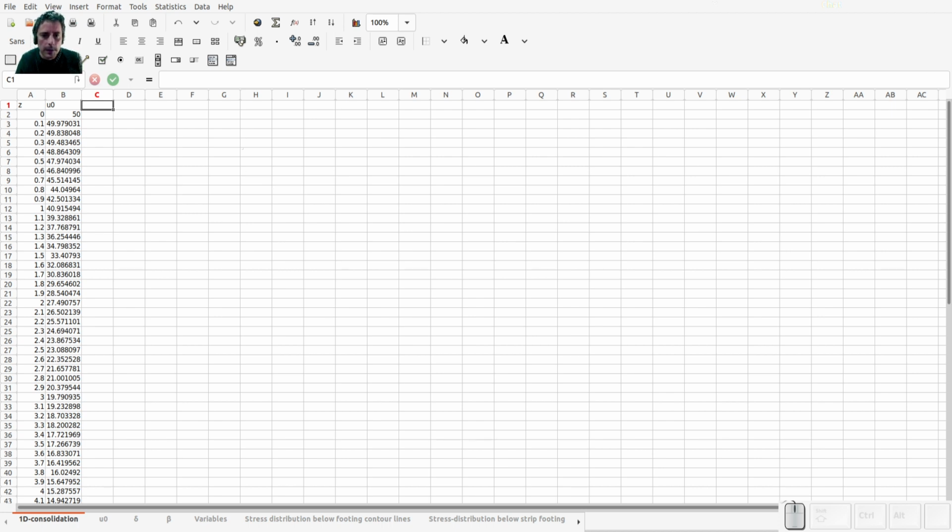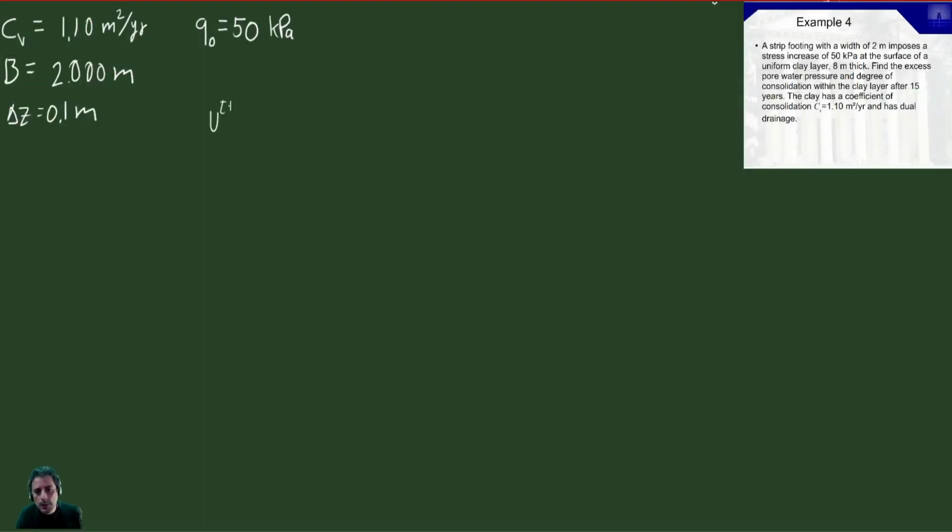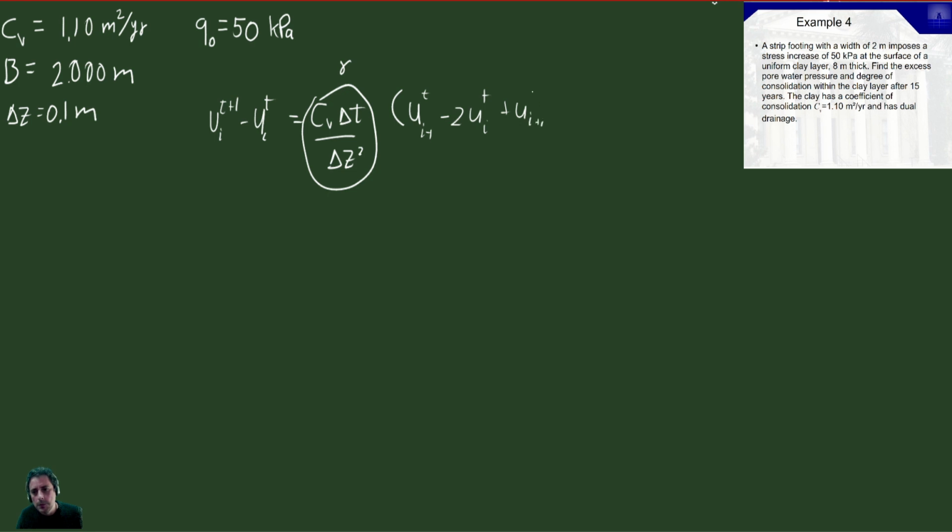We ended up having u at time t plus 1 minus u at time t is equal to CV delta t over delta z squared, and we call this r, times u at time t, I minus 1, minus 2u at position I, plus u I plus 1 at time t, right?